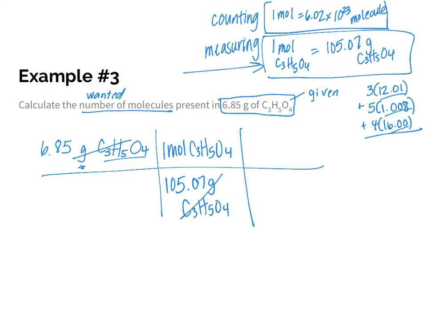Now, the problem didn't ask me how many moles are present, it asked me how many molecules. So now I'm actually going to also use my counting conversion. I want to cancel out moles and I want to get to molecules. In order to cancel out the moles, it has to go in the bottom, and then my molecules would have to go on the top.